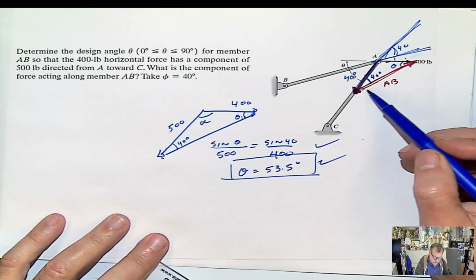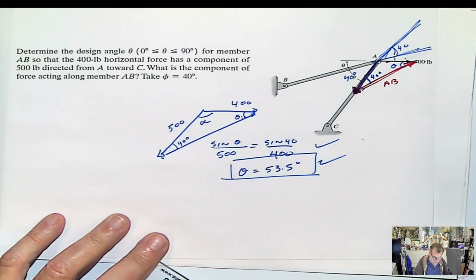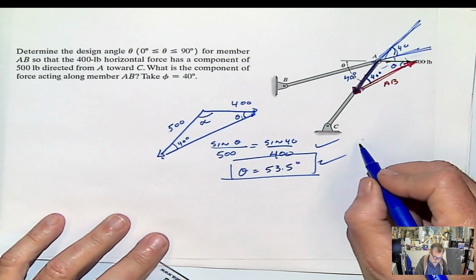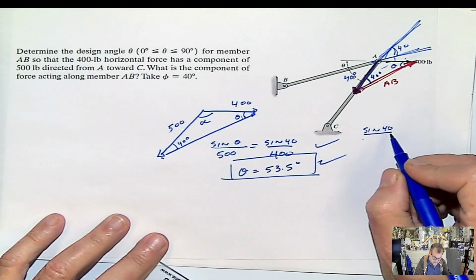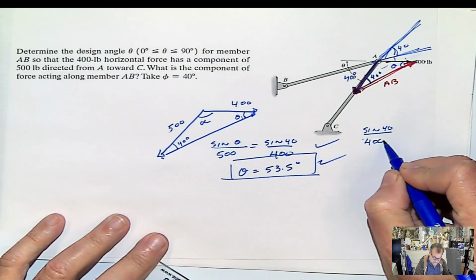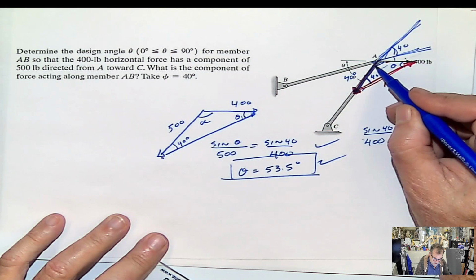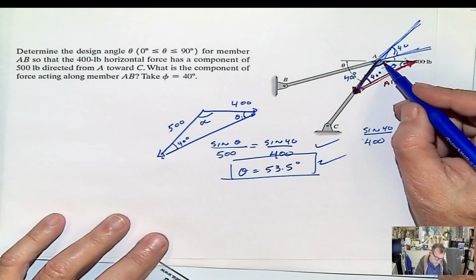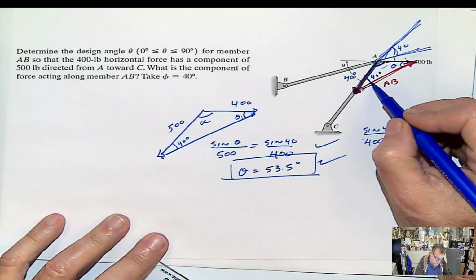Find the component AB. Well, if you have everything else, now you can find AB using the same law of sines if you want to, because now you know this angle here. So you can say that sine of 40 divided by 400 has to be equal to the sine of this one. But I don't know that one. It's okay, because now I have this one, I have this one.